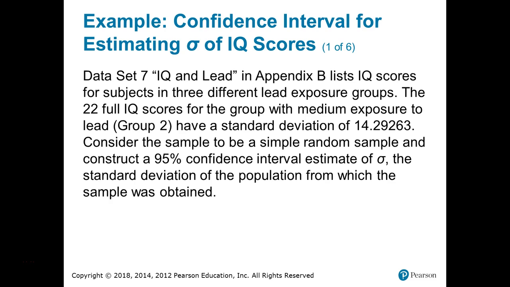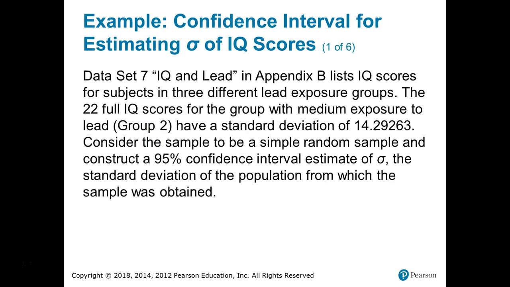So we have Data Set 7, IQ and Lead, in Appendix B. Again, your book will give you plenty of examples of data values, measurements, and random surveys. It lists IQ scores. The 22 full IQ scores for the group with the median exposure to lead, group 2, have a standard deviation of 14.29263.